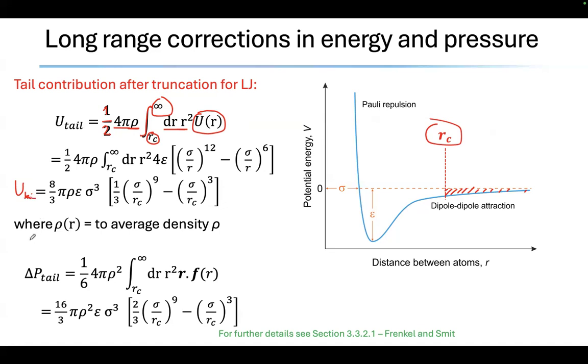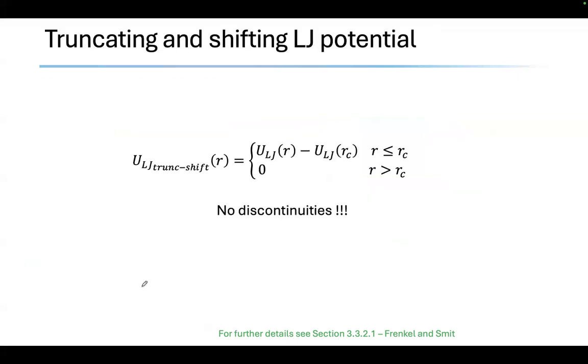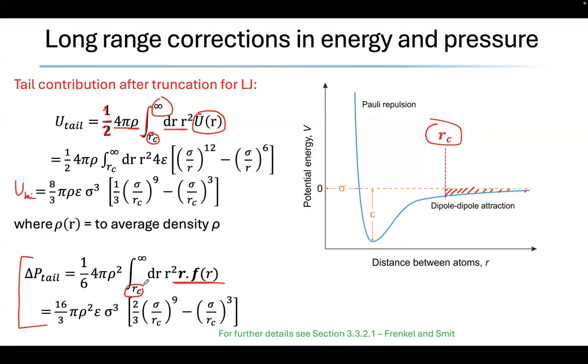Similarly, you will also have a tail contribution to the pressure, because the pressure calculation also requires interaction between molecules that are separated by a distance r. So you also have a contribution to consider from the cutoff to infinity. Once you do this, you end up with this tail correction for the pressure.